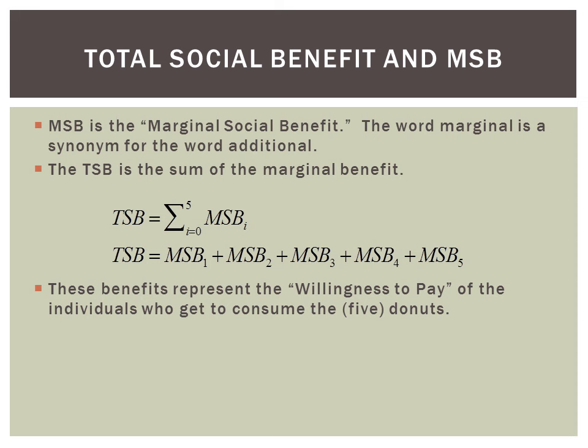So now we want to talk about the relationship between total social benefit and marginal social benefit. Marginal social benefit, again, is synonymous with the idea of additional social benefit.